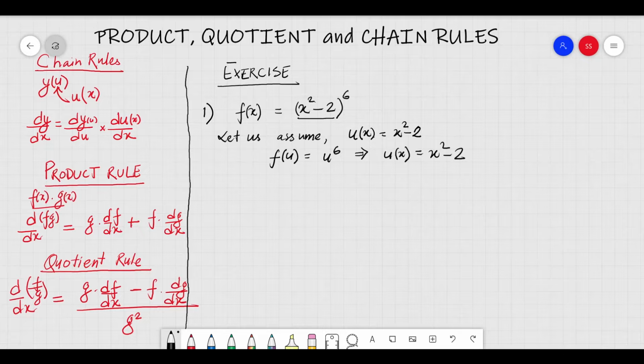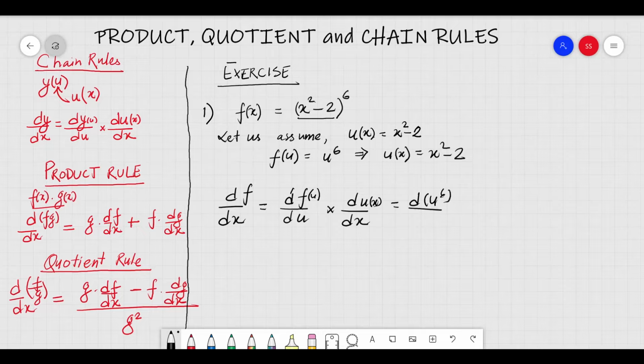Then applying the chain rule, df with respect to dx would be df with respect to du times du, which is the function of variable x, with respect to dx. So df by du would be d of u to the power 6 divided by du, times d of (x squared minus 2) divided by dx.